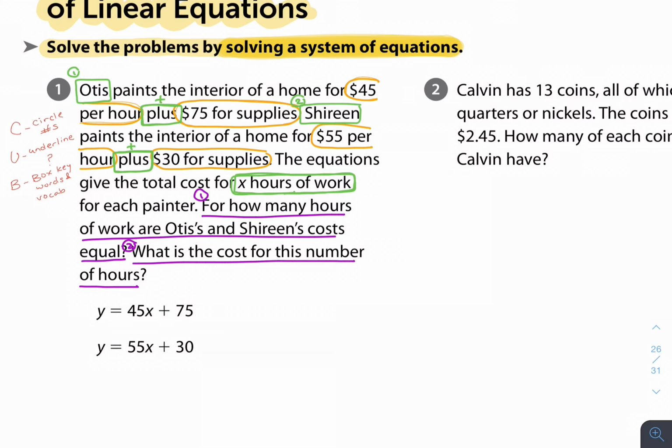So if X is the hours of work in this case, that means that Y would be how much they got paid. So that helped me define the Y variable. So Y would be the cost. All right. For how many hours of work are Otis's and Shireen's costs equal?